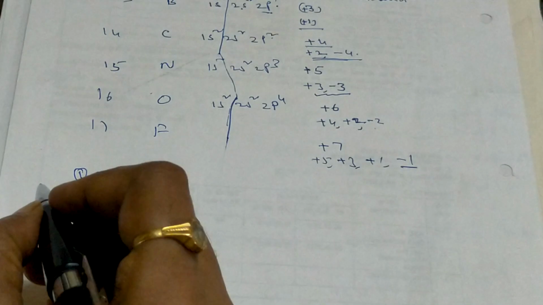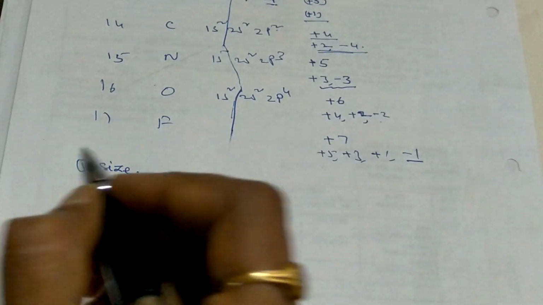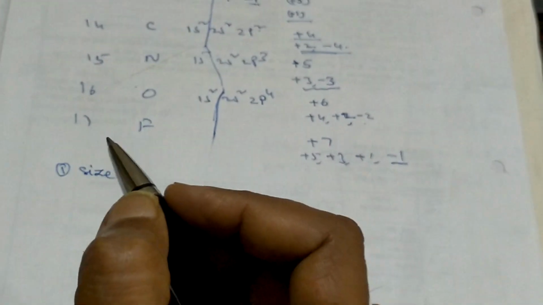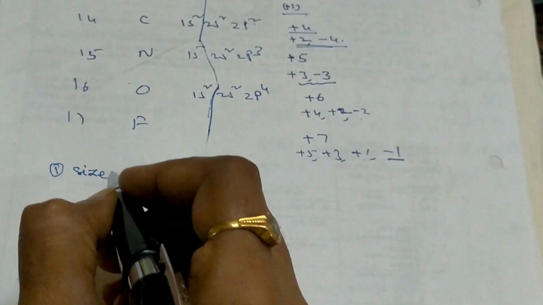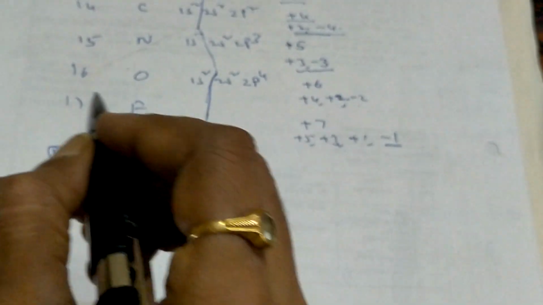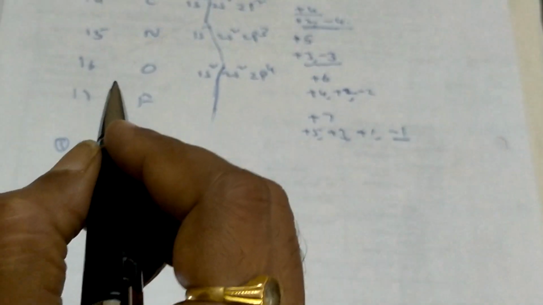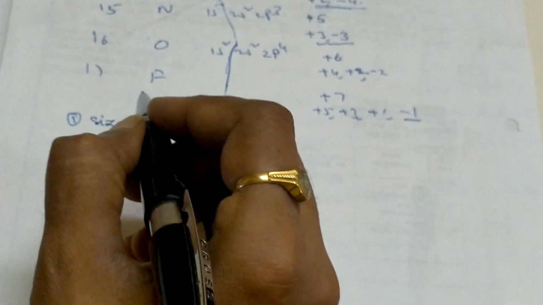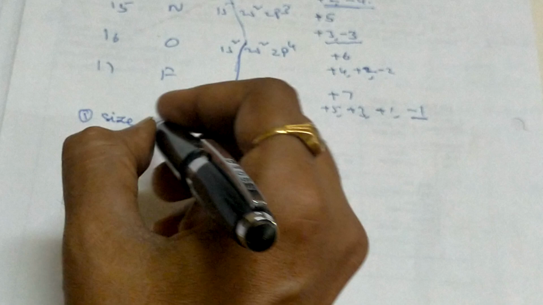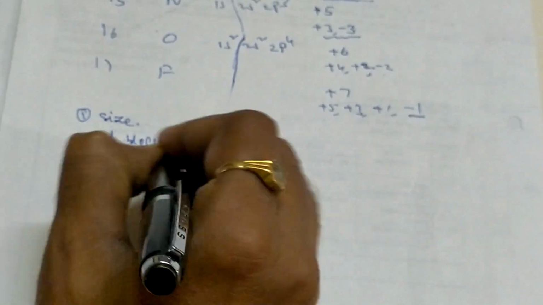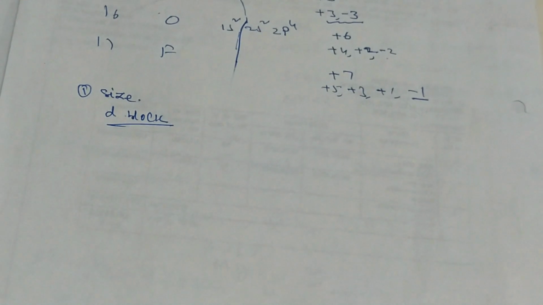One is in size, like lithium and beryllium and so on. The second one is because of the D block elements; variation will be there because of the D block elements.